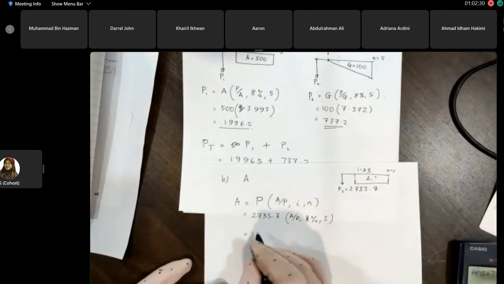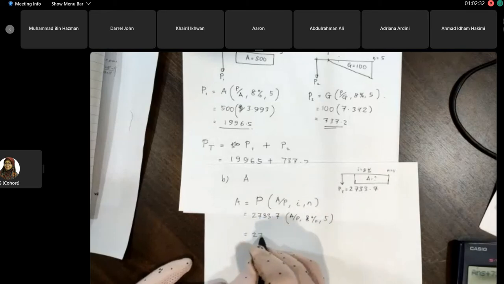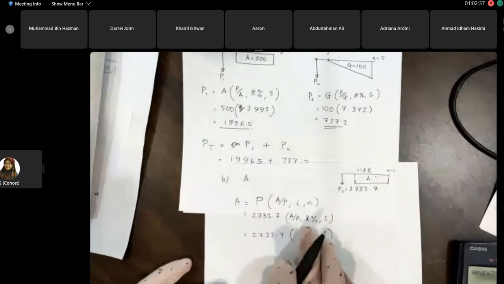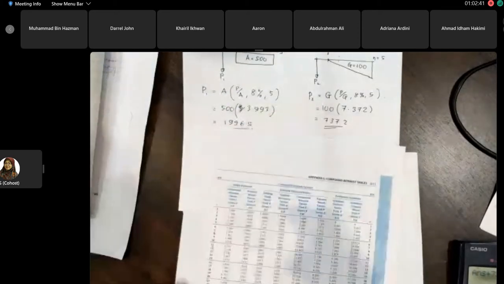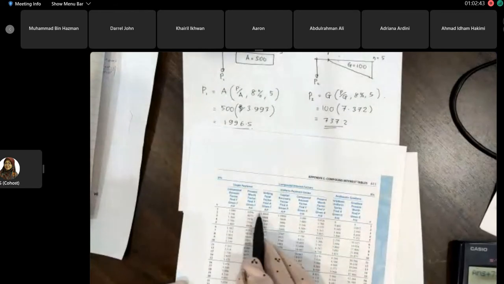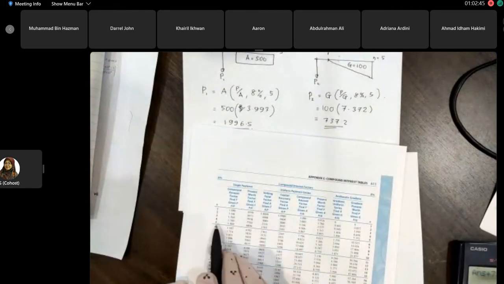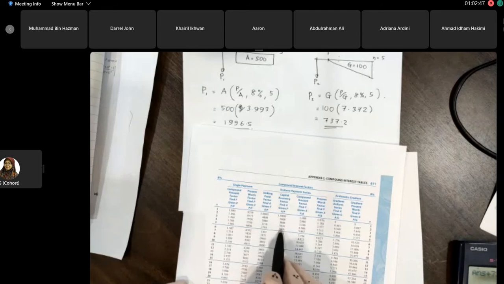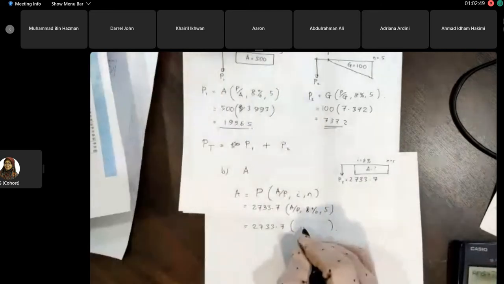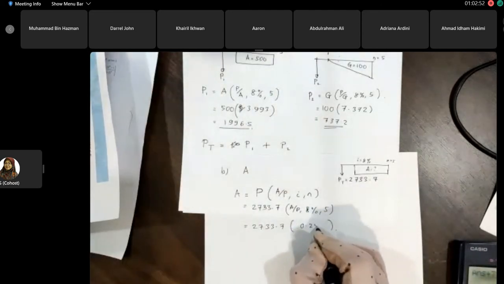Then you find the value by using the table: 8%, A over P, 5, and it is 0.2505.